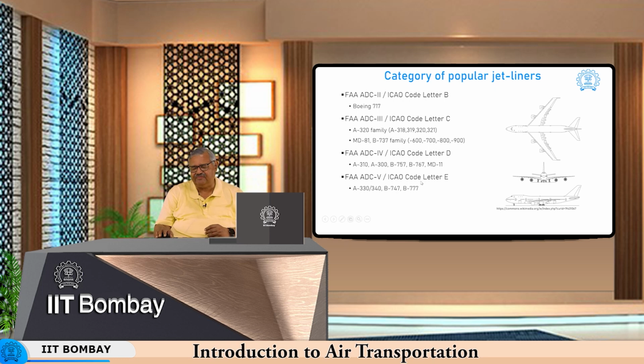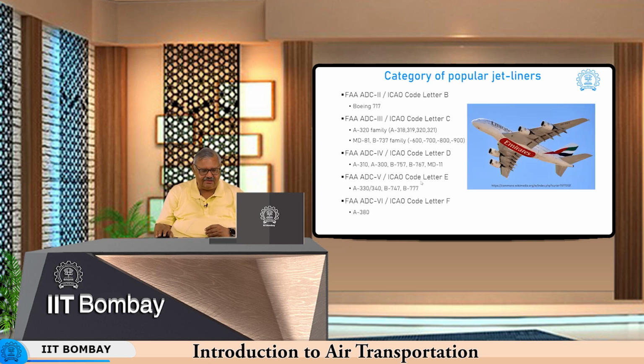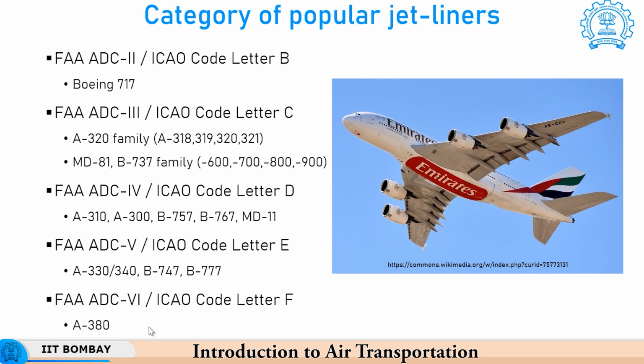These are aircraft with 350 seats or so, and the only aircraft that comes in code letter F or ADC 6 today is the Airbus A380 aircraft, which is the world's largest passenger aircraft flying today. You can see it is a massive aircraft with double decker fuselage from nose to the tail. Okay, so it is a total double decker and there are 4 engines.